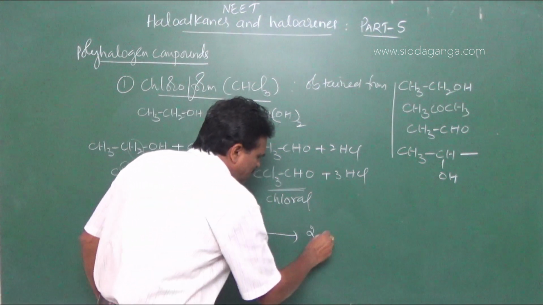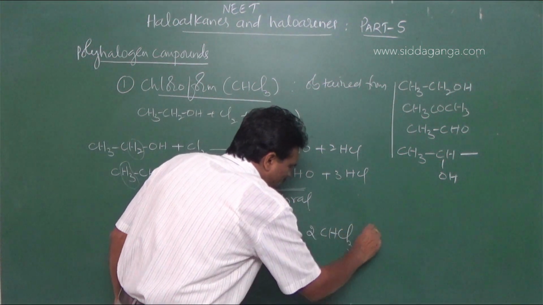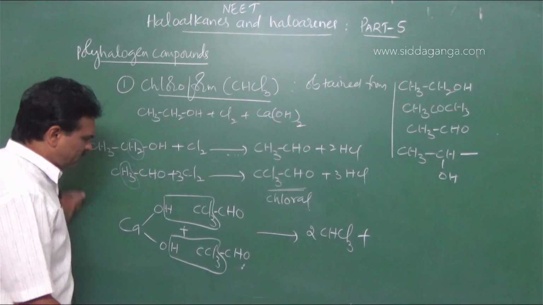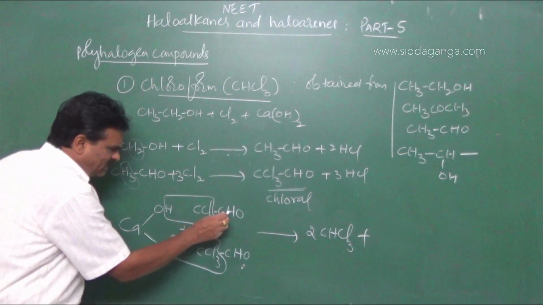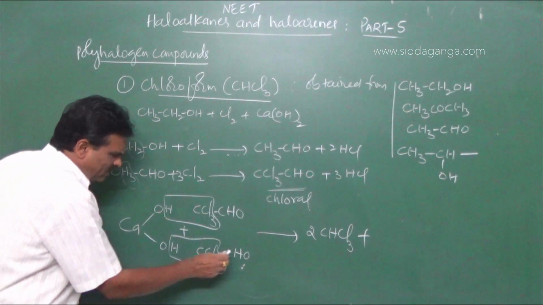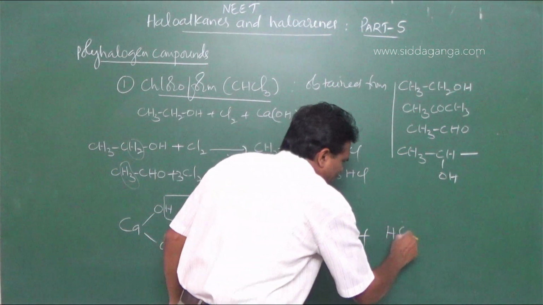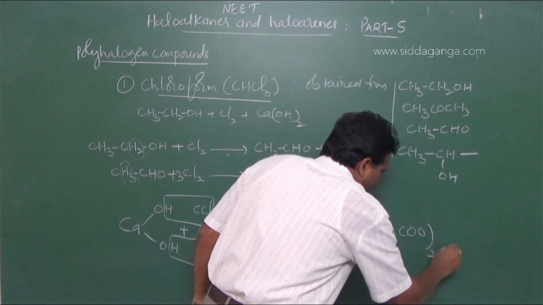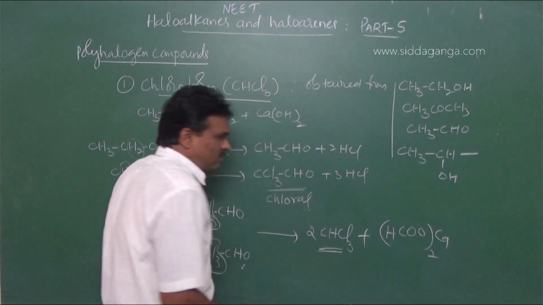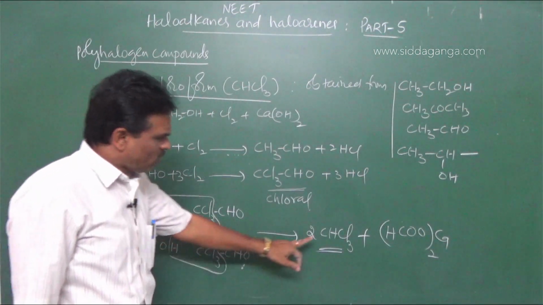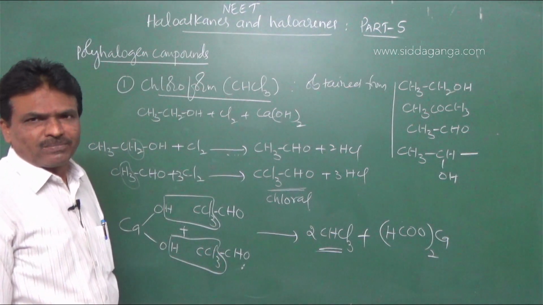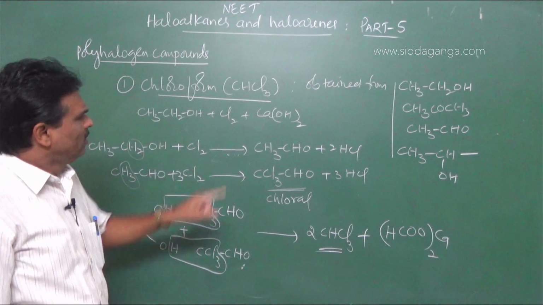So 2 moles of chloroform are obtained along with (HCOO)2Ca, calcium formate. Clear?